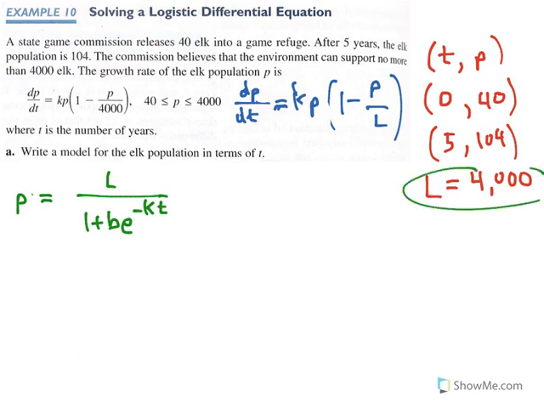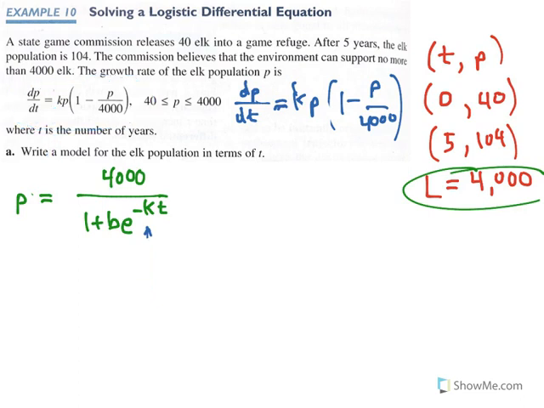Now we already know what L is, so I can replace L here with 4,000. I can also replace L here with 4,000, but we don't really need to worry about the logistic differential equation, that's already been given. So whatever K is here, it'll be the same K that we have in the logistic differential equation.